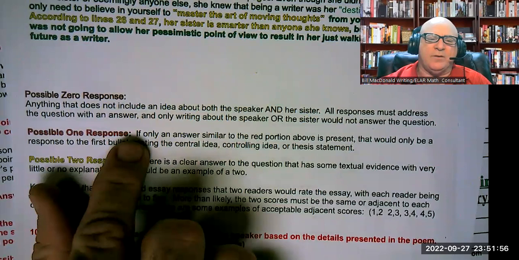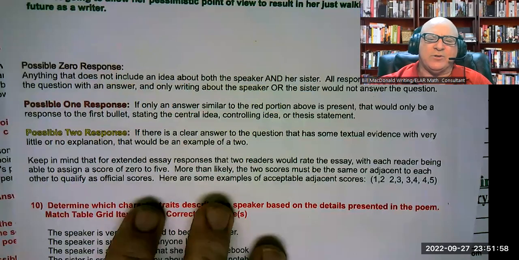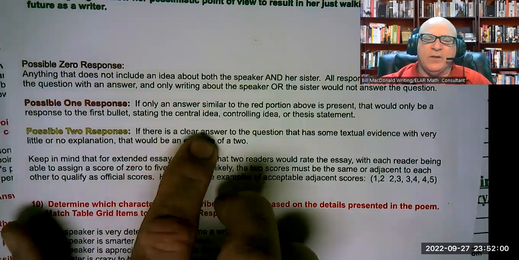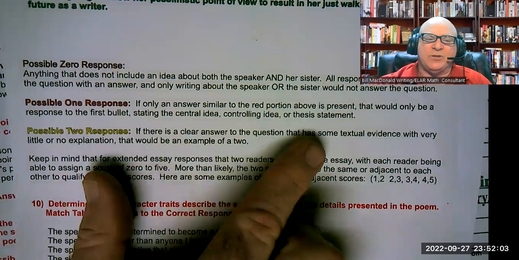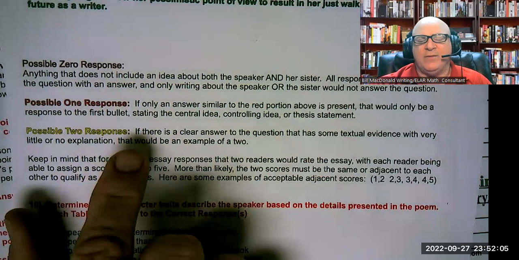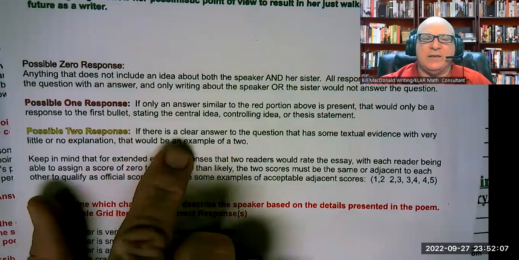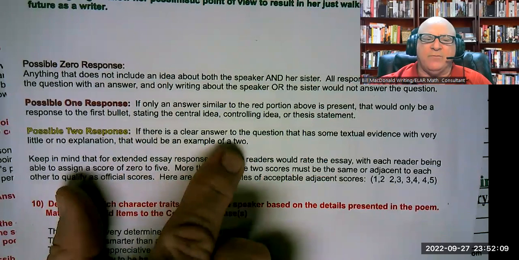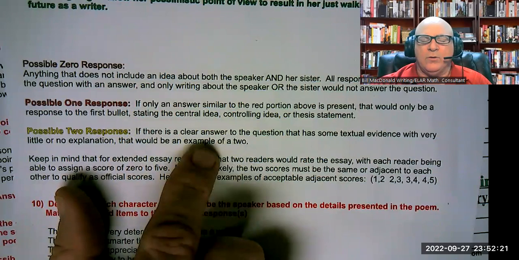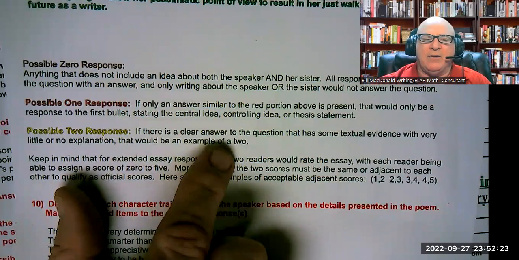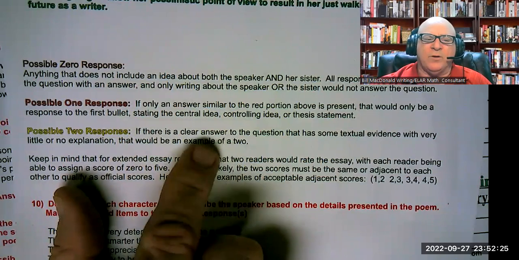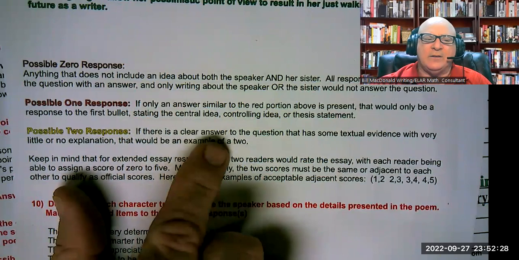Possible 2 response: if there's a clear answer to the question that has some textual evidence, but with very little or no explanation, you could possibly give that a 2, and then you just test the strength of the grammar, the conventions, and you can give an extra point or 2. So you can say maybe this paper might get a 3, or it could be getting a 4, and then 4 plus 4 is 8.